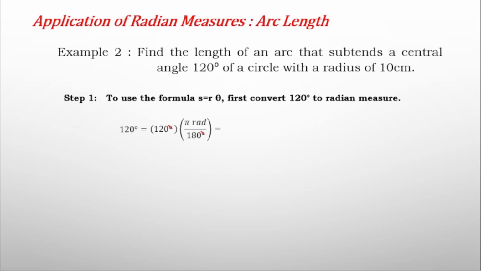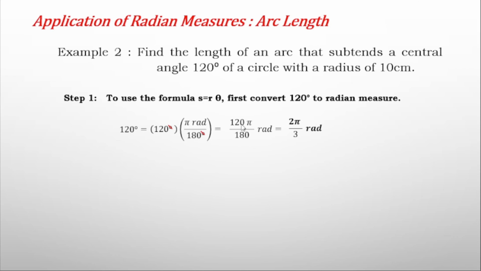Then we are going to cancel out the degree symbol. So we have 120 will be multiplied to the numerator pi radian. So that is why we have 120 pi over 180 radian. So as we simplify 120 over 180, their GCF is equal to 60.